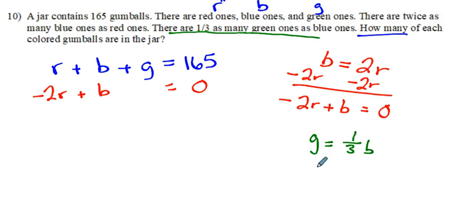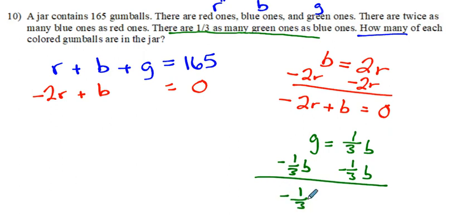We get 3G is equal to the amount of blue. That's fine. Either way you want to do it. I'll subtract 1/3 B from both sides. This will make it kind of strange the way we put it into our matrix, but I'll go ahead and do that. Okay, so negative 1/3 B plus G is equal to 0.